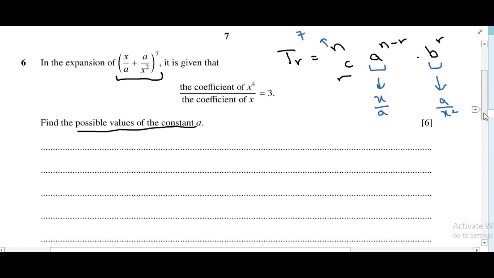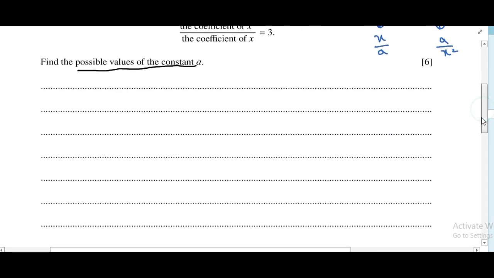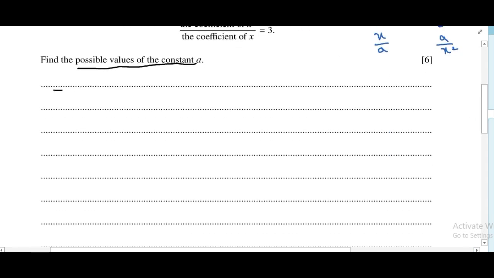Okay, let's start. So we have 7Cr times (x/a)^(7−r) times (a/x²)^r.